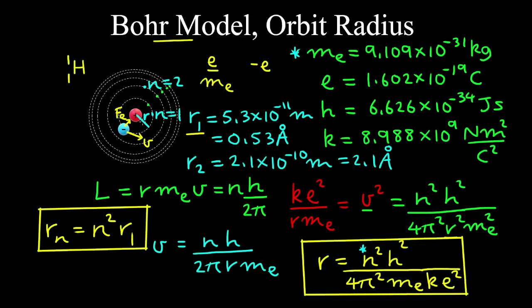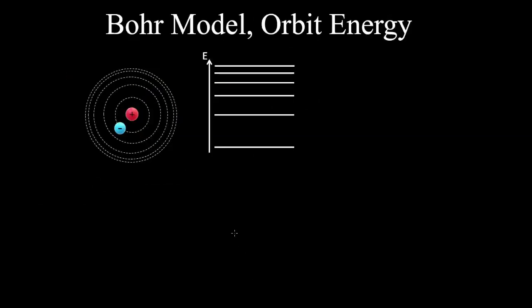So we just compute the radius of the first orbit, being the ground state, and the radii of the excited states are computed by choosing the appropriate number of the orbit. We derive the radius of the orbit for the hydrogen atom for the different orbits n as Rn is equal to n squared by the radius of the first orbit.